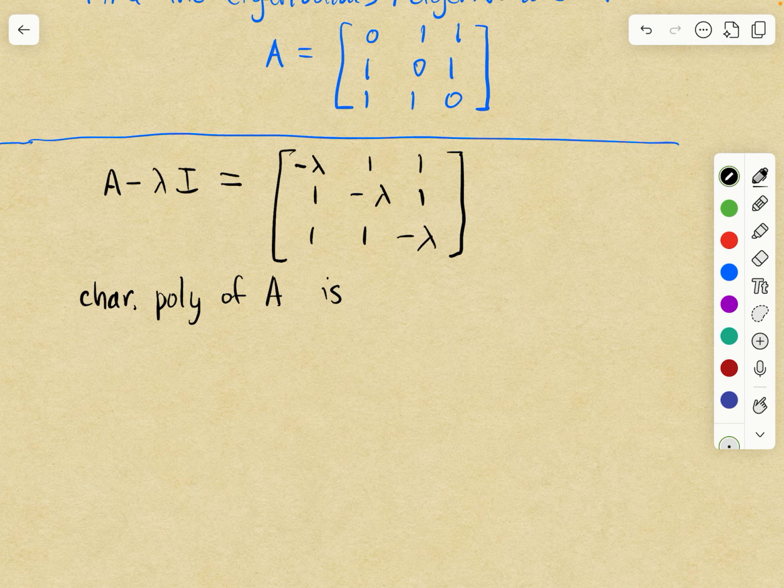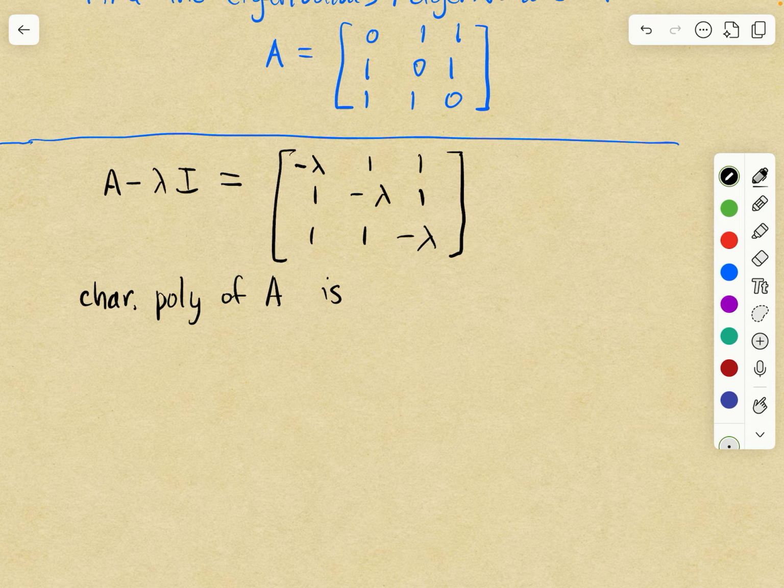Now there are a number of ways to make the process go a bit faster if you have to calculate the determinant of a matrix, because you can use elementary row operations, and the determinant plays nicely with elementary row operations. But when you have lambdas, it's usually not a good idea to do too many elementary row operations because lambda might be 0.